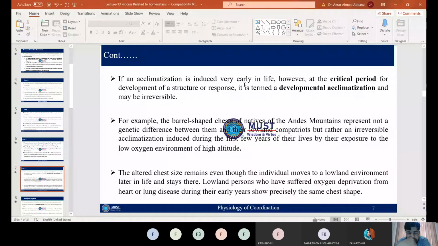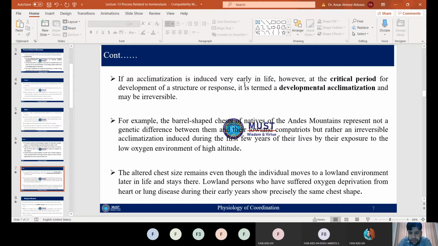Okay. We are talking about acclimatization, and one example is from the natives of the Indus Mountains. Those people who are living at high altitude will have a barrel-shaped chest. Why will they have this specific type of chest? Because of the oxygen deficiency at high altitudes.